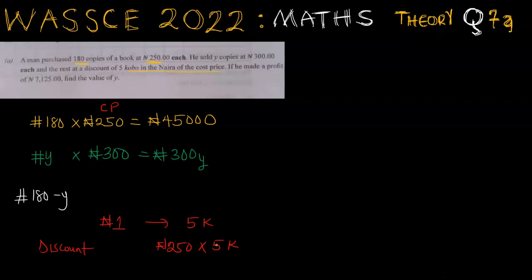What we need to do here is to express this kobo in naira, and that's going to be 5 over 100. Thus, the discount is 250 naira times 5 over 100, and 5 over 100 is 1 over 20. 250 divided by 20 is 25 over 2.